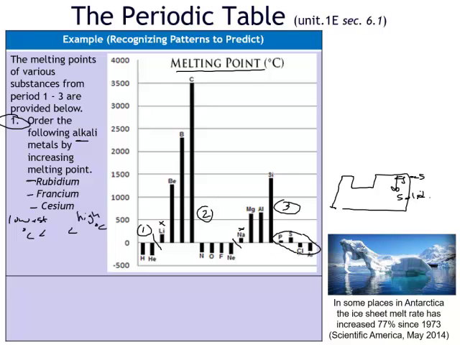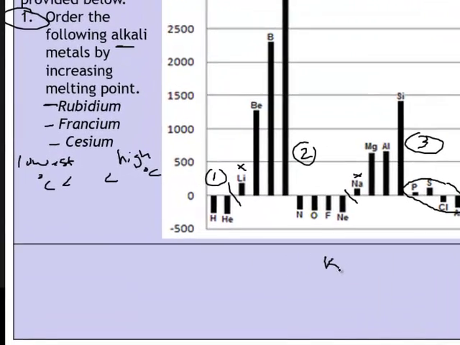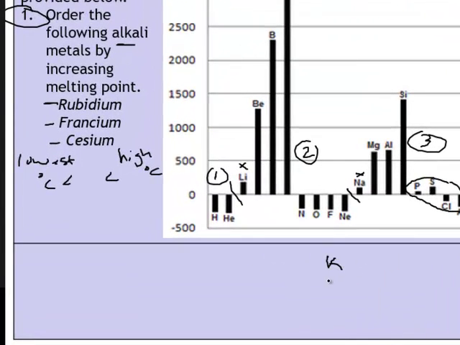So the next one in line is potassium, K, which will have a lower melting point, then rubidium, then cesium, and then francium, which will be the lowest melting point based on what this graph is telling us. And this one will have the highest melting point.